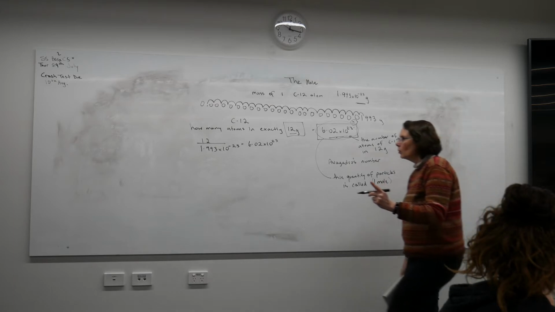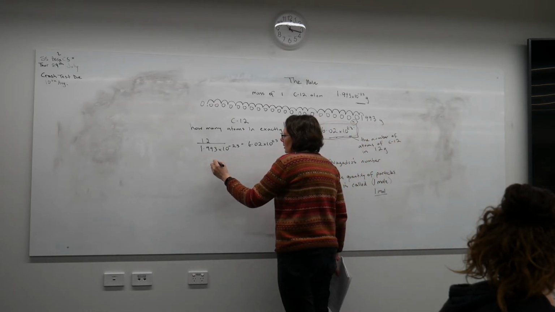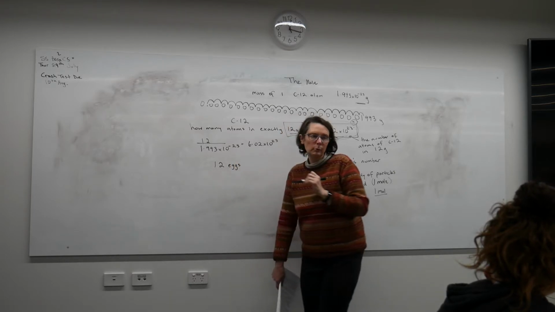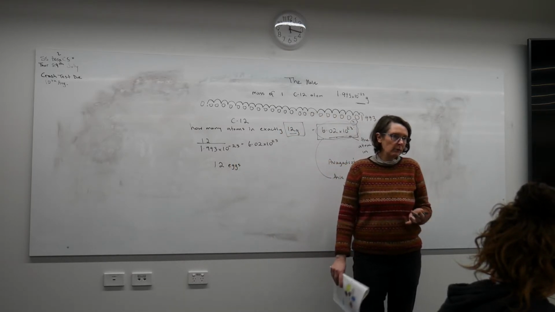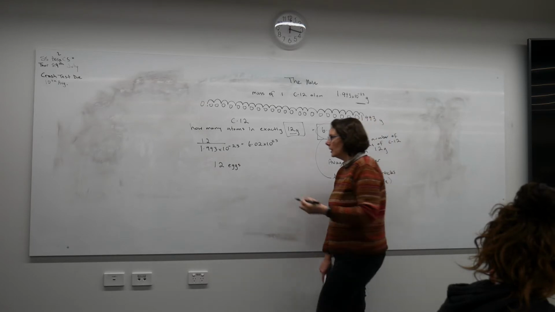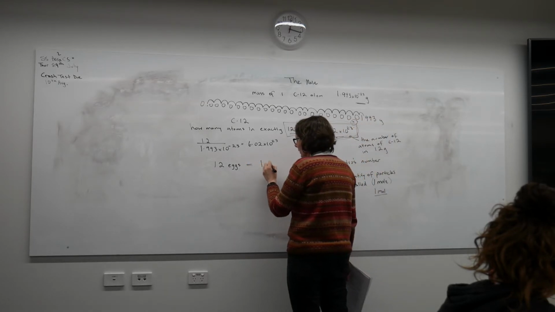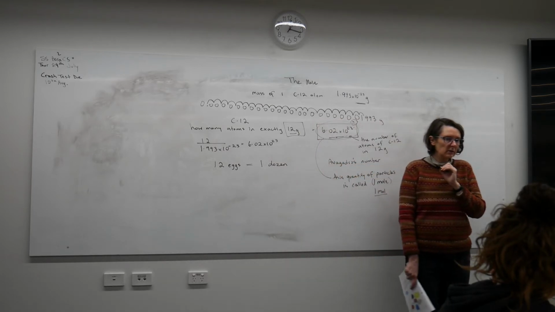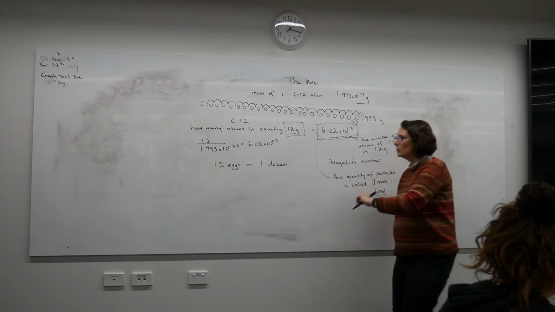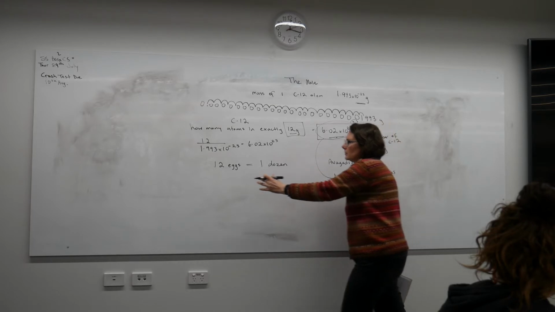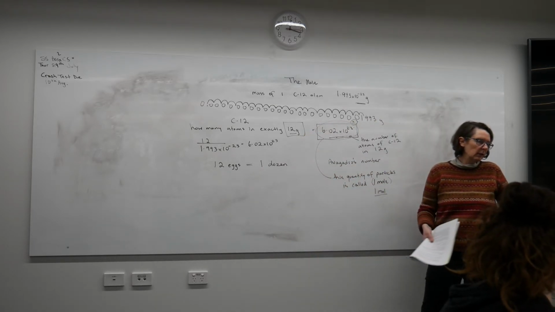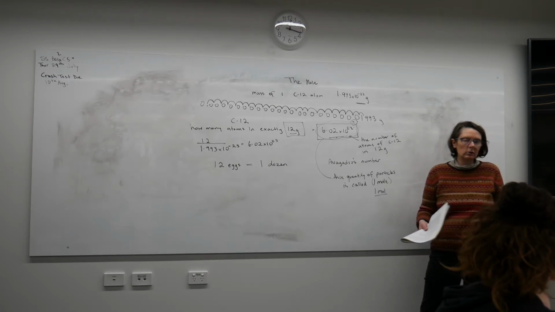In the same way as if I've got 12 eggs, most people would have no problem at all saying, well, that is 1 dozen. Yeah, dozen eggs. So it sort of makes sense. You buy the eggs by the dozen or the half dozen or whatever. So that's how the eggs come sold.